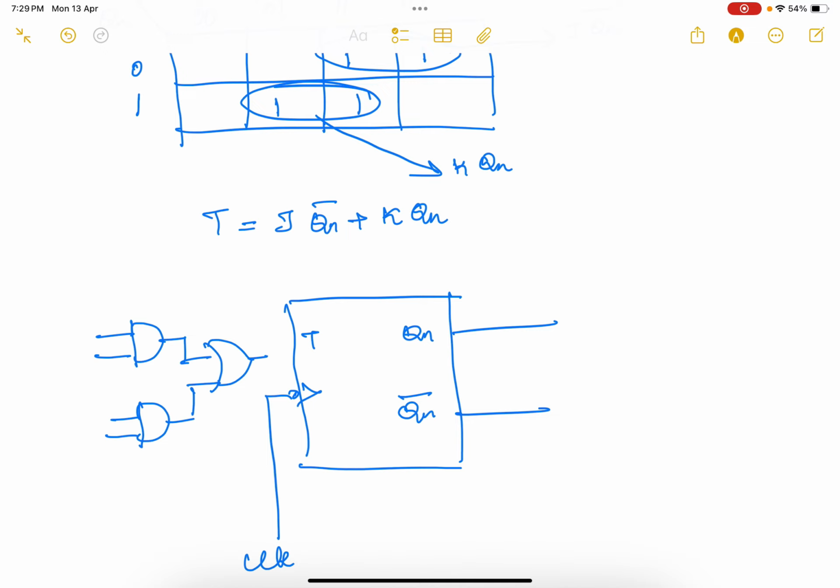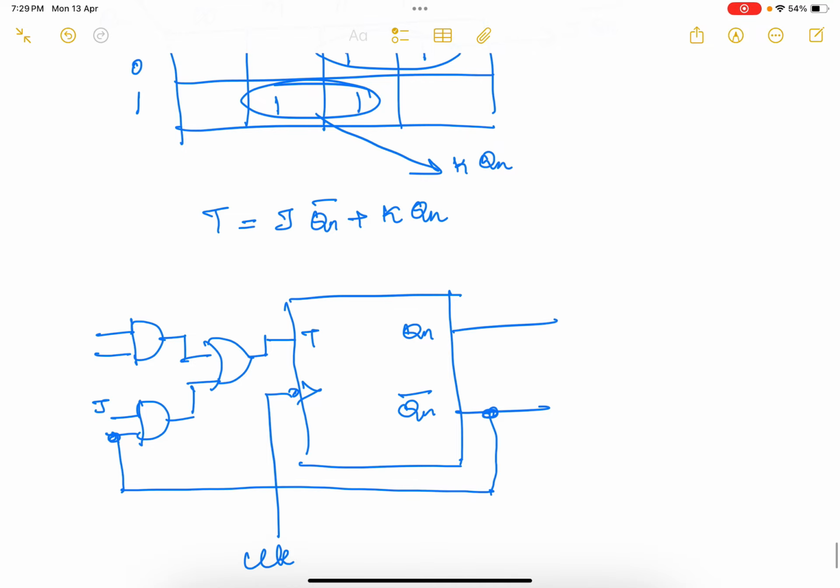One input is J, another input is Qn bar, and similarly here one input is K, another input is Qn.